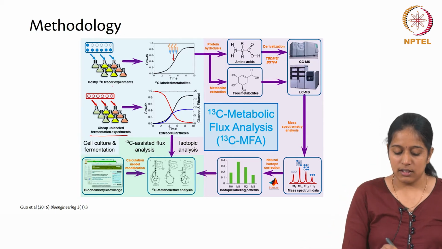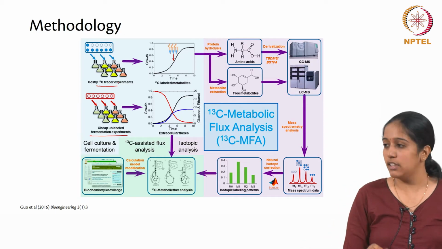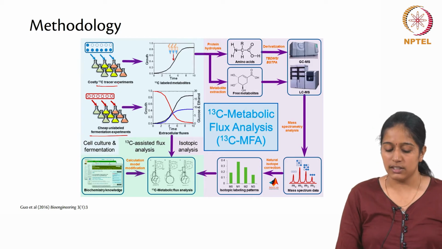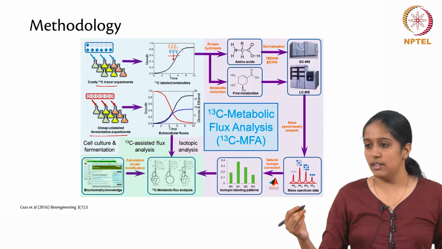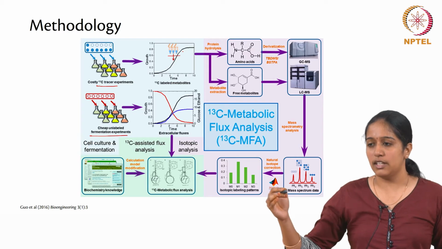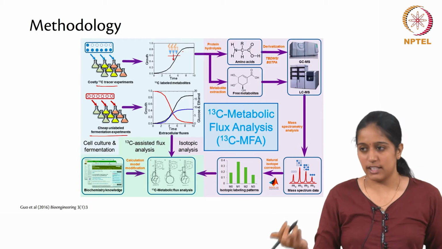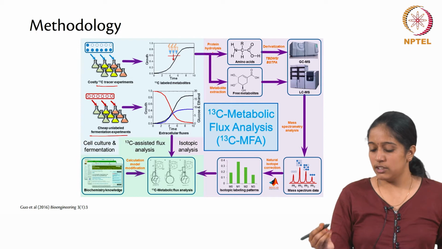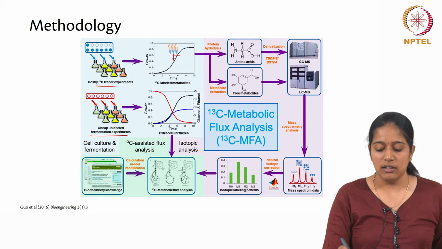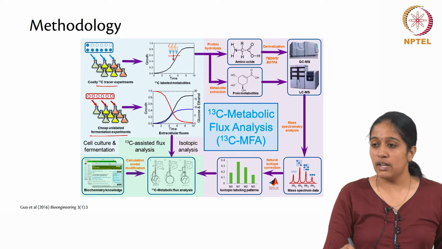And from this you then go to the costly C13 tracer experiments, where you again do the same kind of analysis. You take out samples at different time points or at a particular time point, depending on the type of experiment you do, and from that you take the biomass of the cells and find out the amino acid labelings.